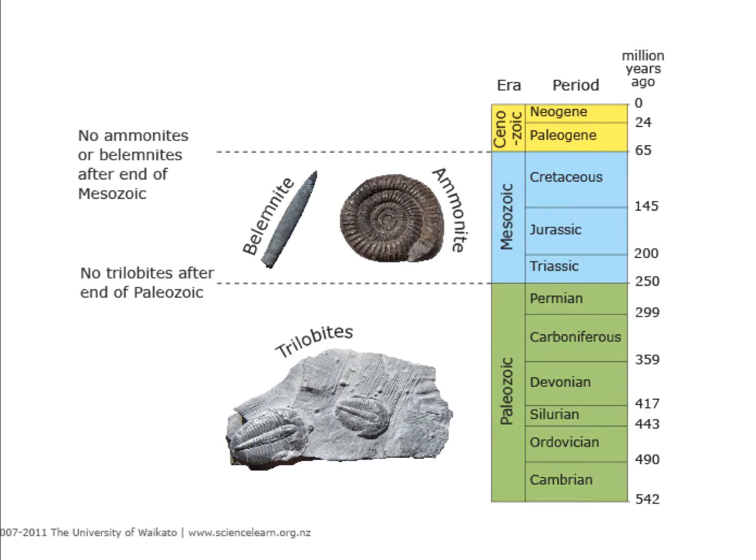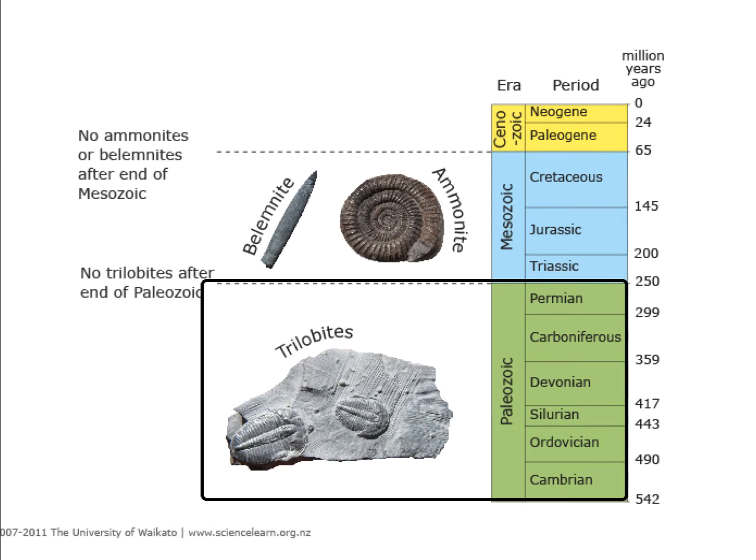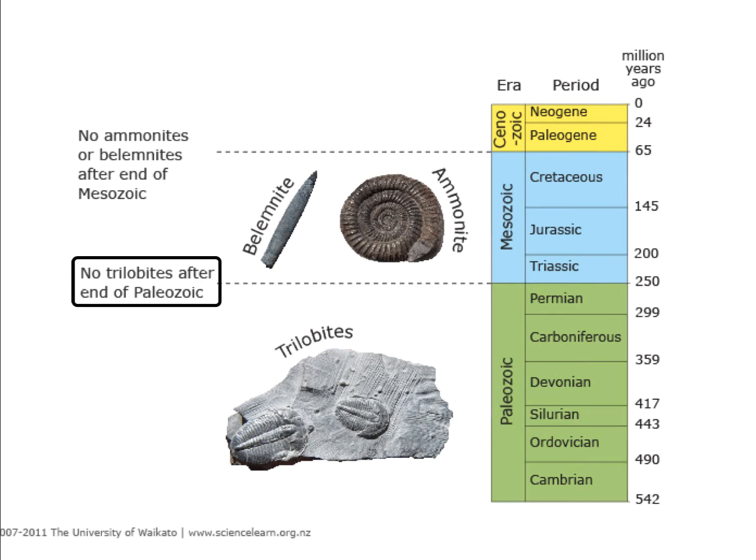Certain taxa can also be used to identify major extinction events. Before about 250 to 252 million years ago, there were a lot of different species of trilobites, and so they predominated. But after that time, no trilobites are found as fossils, so they went extinct.